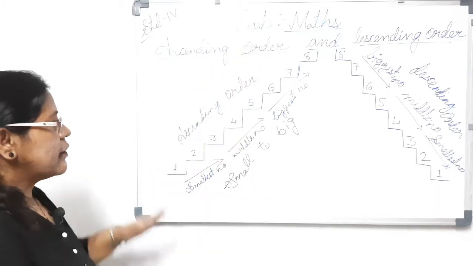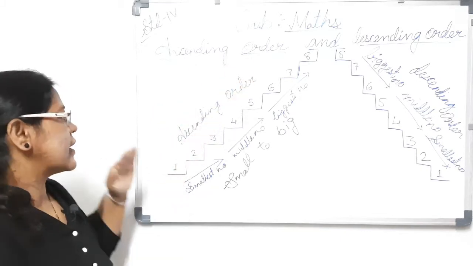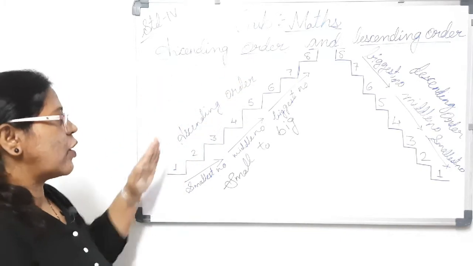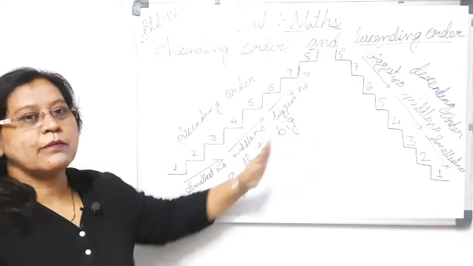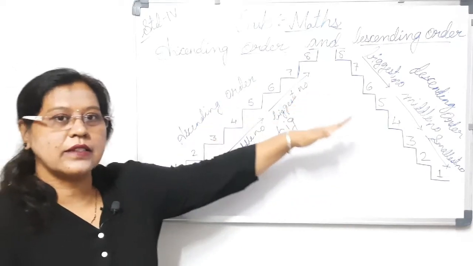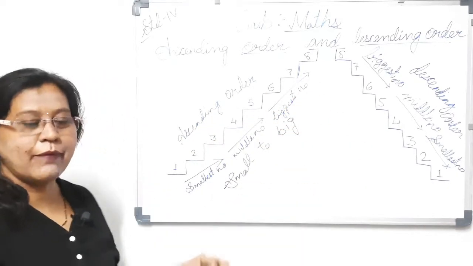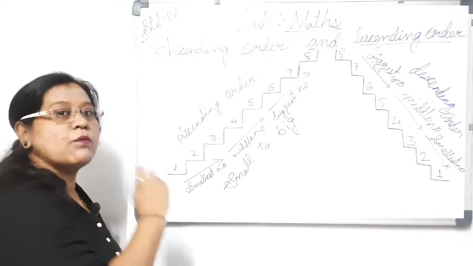You can say ascending order is from the smaller number to the biggest or largest number, but you have to start from the small one.